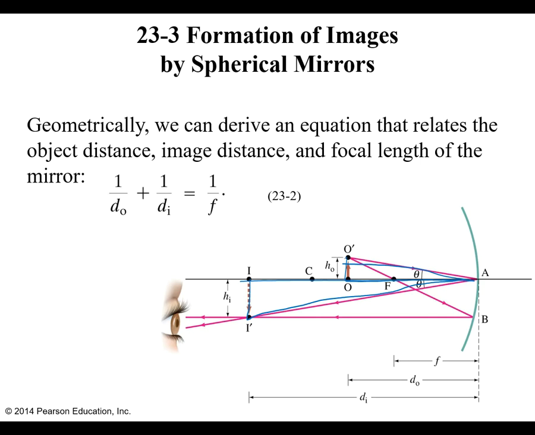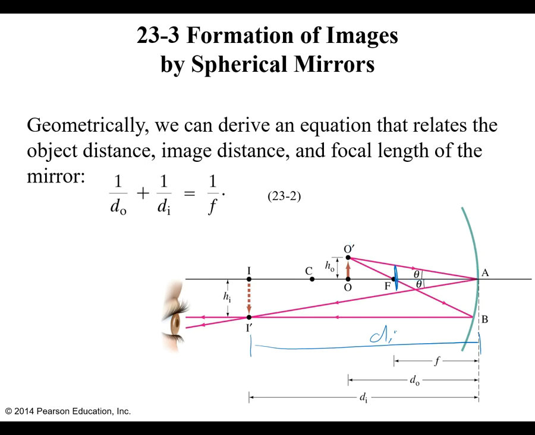And when you deal with those ratios, what you find is that if you take 1 divided by the object distance and add that to 1 divided by the image distance, that's going to equal 1 over the focal length.